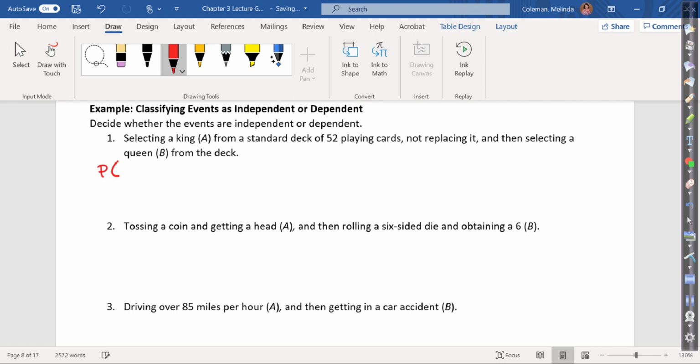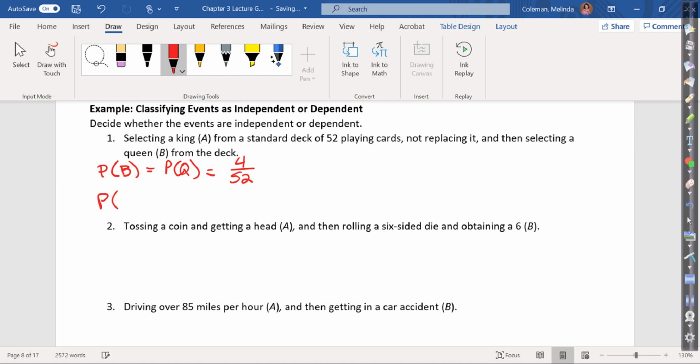So the probability of B is the probability of a queen. There are 4 queens in the standard deck of 52 cards. So the probability of a queen is 4 out of 52.